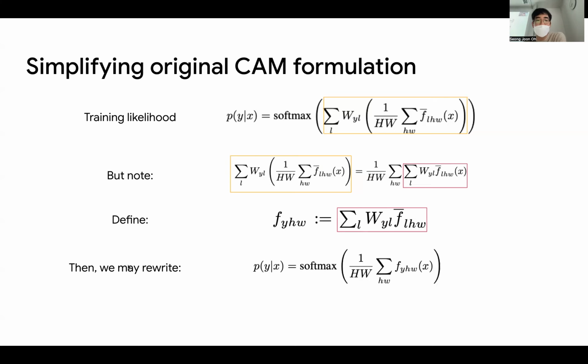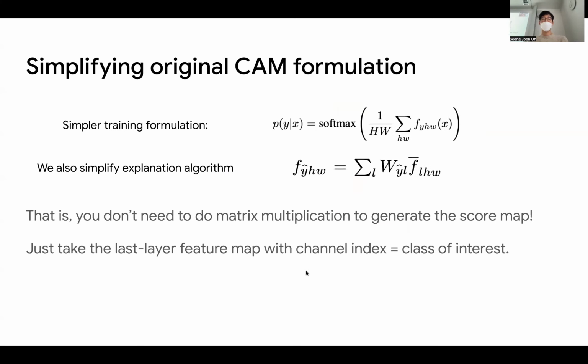And then we can write this difficult formulation into a simpler one, where we simply do global average pooling into class-wise vector, and then do softmax. And now we have a simpler training formulation, and then we can also simplify the explanation algorithm, which is taking the matrix multiplication between W for the class of interest Y hat and the F bar.